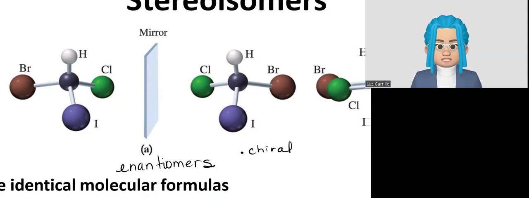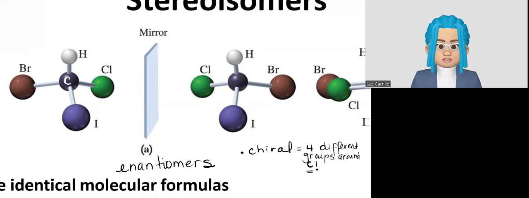Chiral means that the atom that is in the middle, which we are focusing on carbon, needs to have 4 different groups around itself. So that's what chiral means: 4 different groups around carbon.